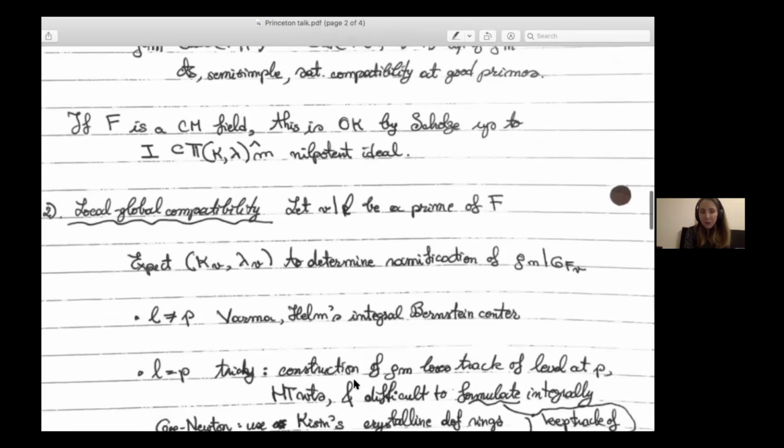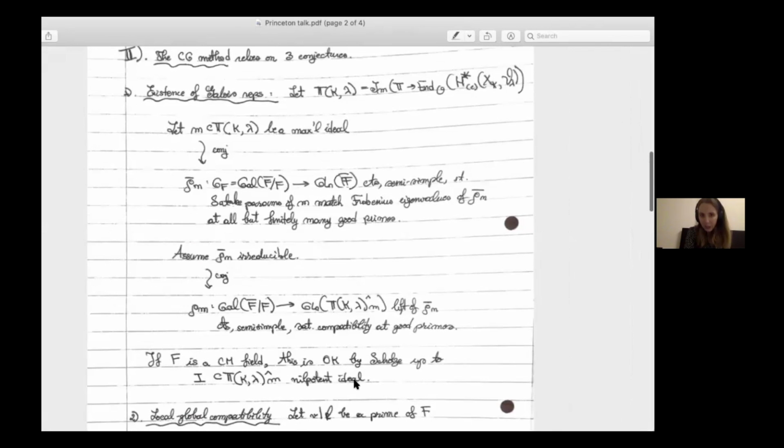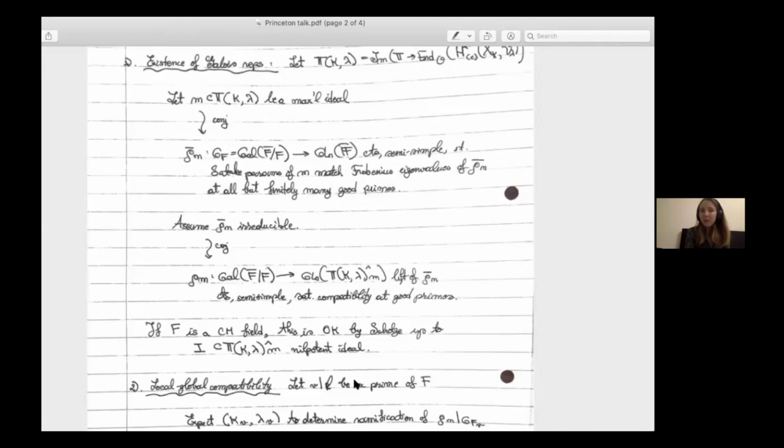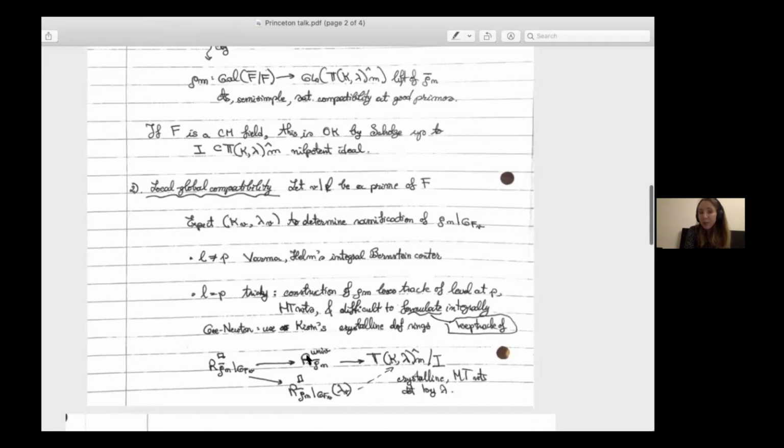And so these are two of the three conjectures that Calegari and Geraghty need. And these two also occur in the Taylor-Wiles method. So when you try and prove a modularity lifting theorem, you need first the direction from automorphic to Galois, which gives you a map from a universal Galois deformation ring to a Hecke algebra.